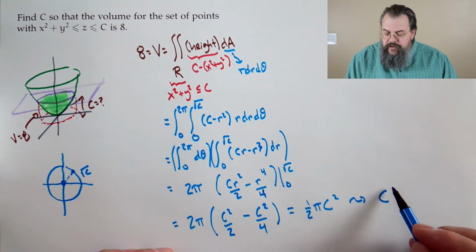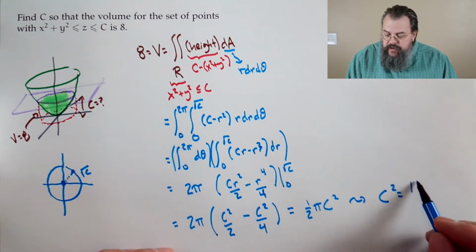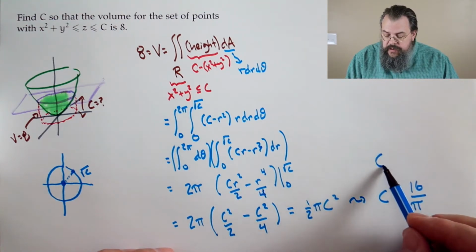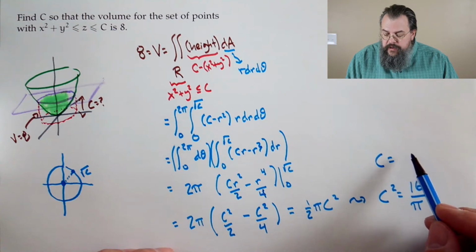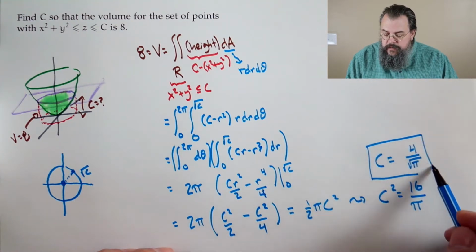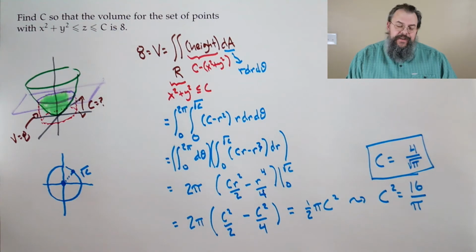That says, hey, c squared is 2 divided by pi times 8, which is 16 over pi. So we come to the conclusion, c has to be the square root of 16, which is 4, over the square root of pi. And we're done. Nice. Good.